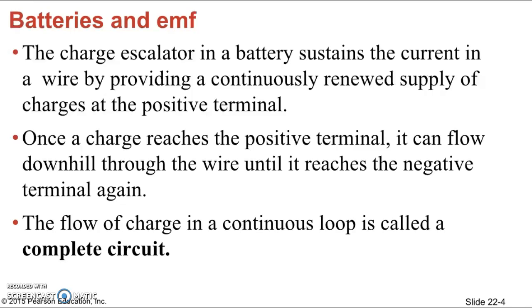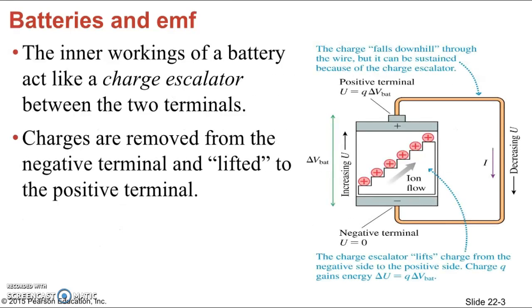One common form of potential energy is gravitational potential energy. We can have an analogy here to gravitational potential energy. On the previous slide, if you think of the battery as a charge escalator, these positive charges are elevated to this higher potential, kind of like gravitational potential energy.